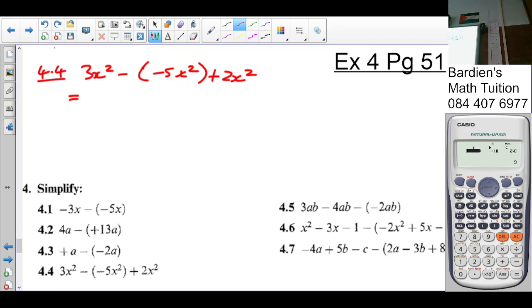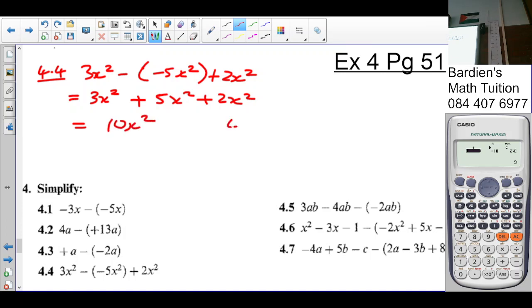So that will give you 3x squared plus 5x squared plus 2x squared. So what is 3x squared plus 5x squared? 8x squared. 8x squared plus 2x squared? 10x squared. Okay, you all okay with that?